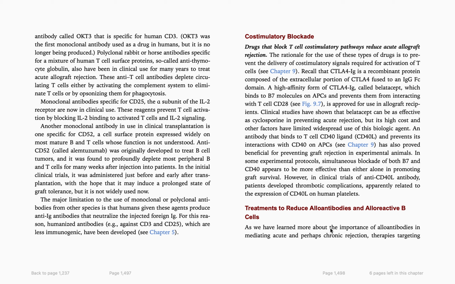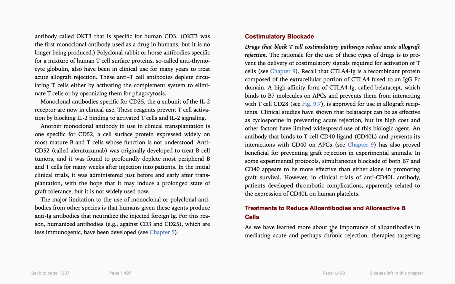In some experimental protocols, simultaneous blockade of both B7 and CD40 appears to be more effective than either alone in allowing grafts to survive. However, in clinical trials of anti-CD40 ligand antibody, patients developed thrombotic complications, apparently related to the expression of CD40 ligand on human platelets.